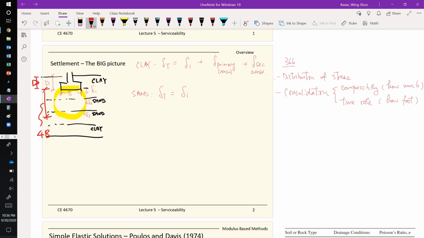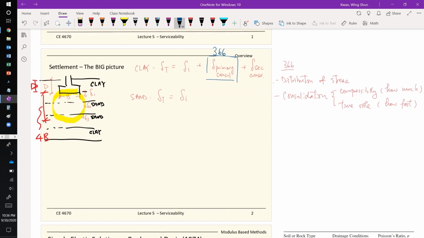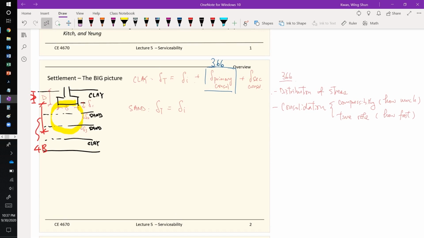So those are the immediate settlements, and also what we learned in 366. The primary consolidation, pretty much we took care of this in 366. Also, go back to lecture one or homework one, where we emphasized those drained and undrained conditions.